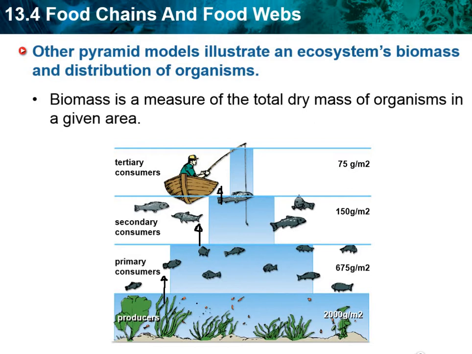So this human is not going to get very much of the biomass below it. There's not as much energy, so there are going to be fewer organisms that it can support.